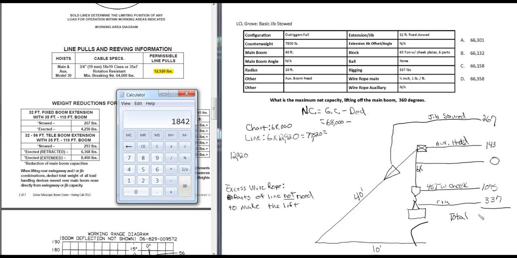That gives us total deductions of 1,842 pounds. Bring this over to our formula, plug it in, then do the math. 68,000 minus 1,842 leaves us with a net capacity of 66,158, and that is answer option C.